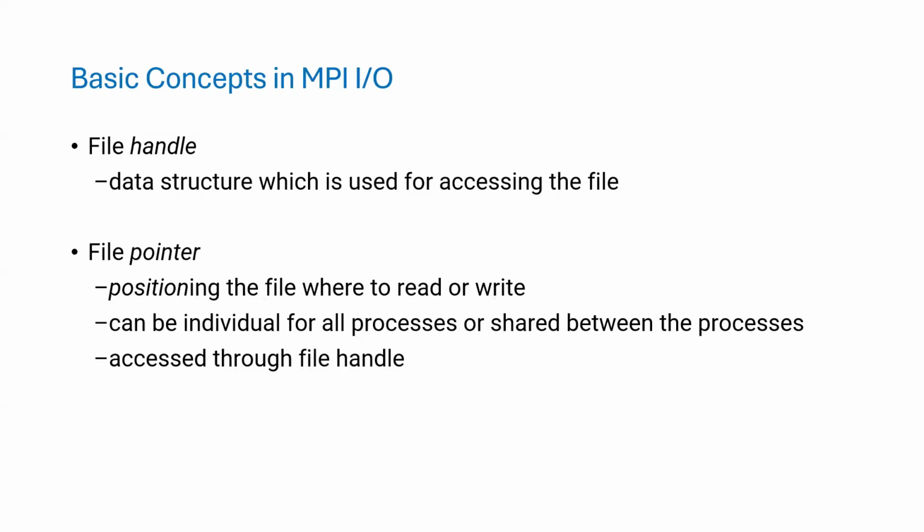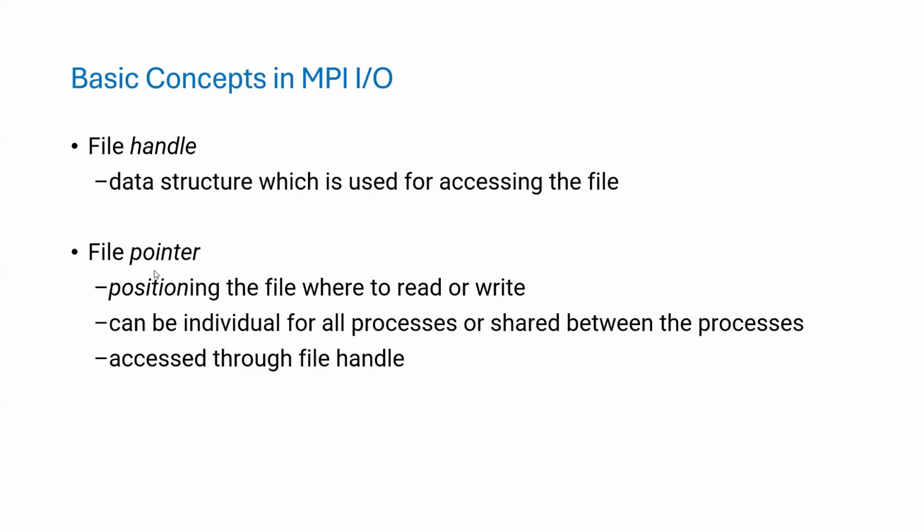So in all the MPI operations, the first thing we need to understand is the file handle. The file handle is a data structure which is used for accessing a file. Okay, and we can define a default file handle, or whatever we define, in the MPI environment.